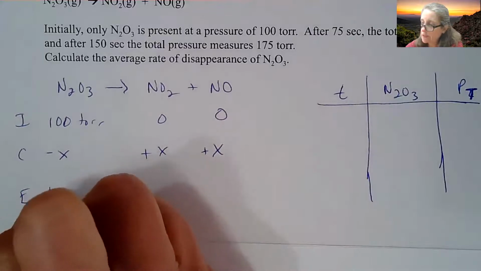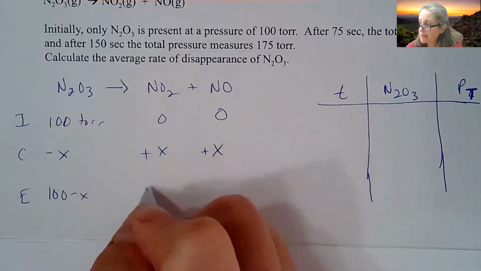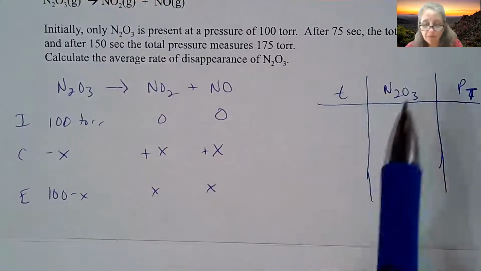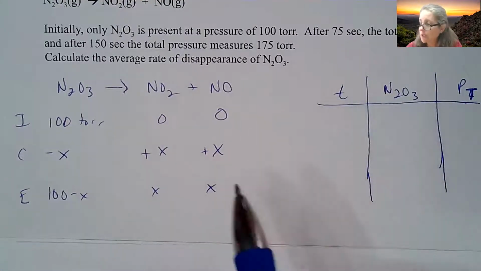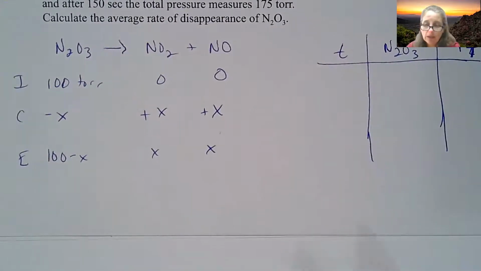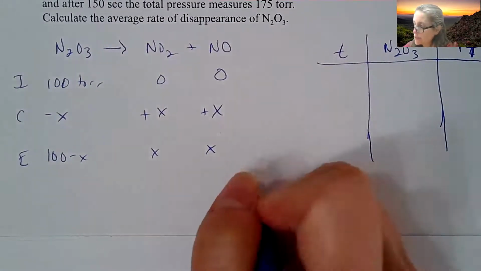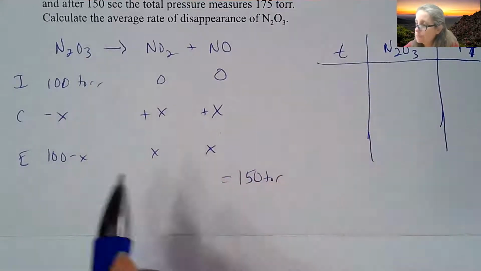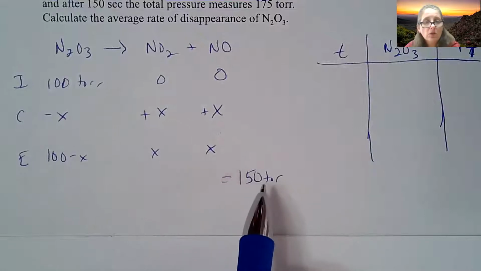So then at the final part, at this point in time, we're going to say at 75 seconds, what exactly do I have in that container? So what I could do is, since the total pressure is equal to 150 torrs, I could put all of these equal to that 150.